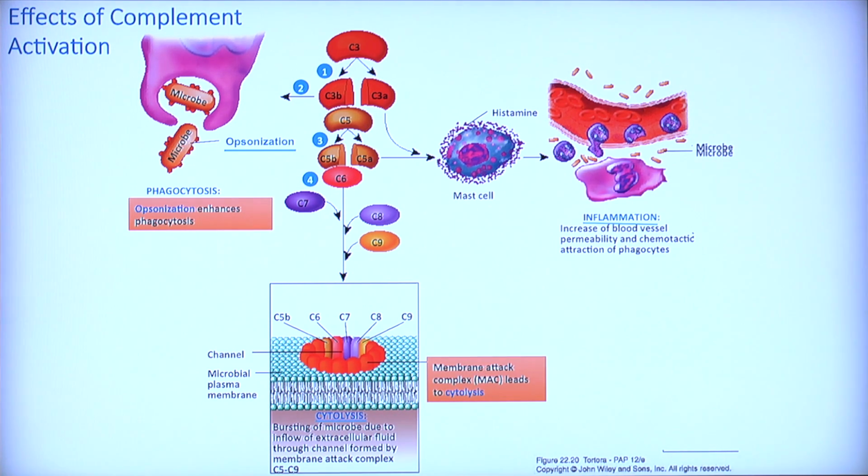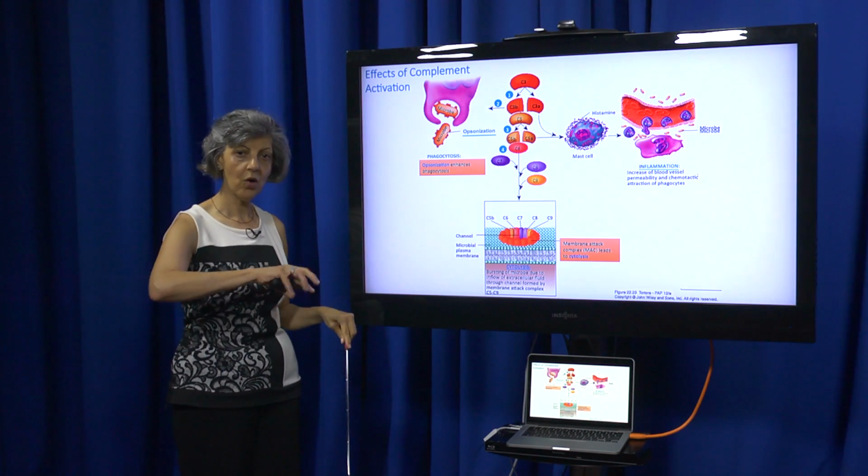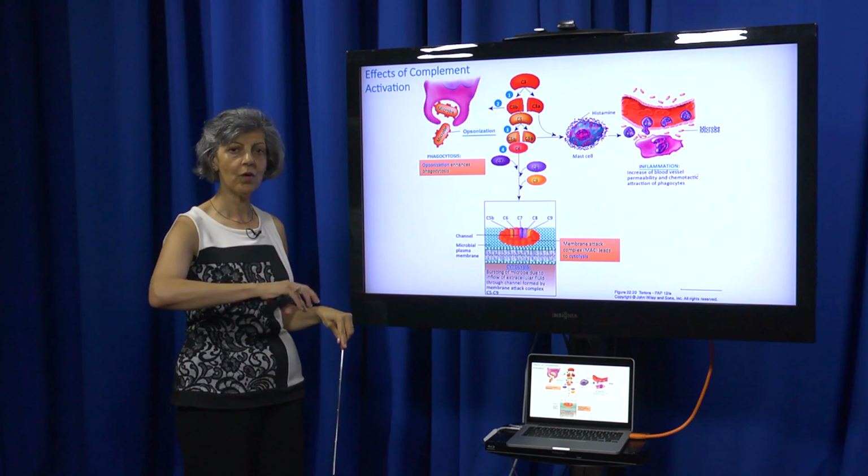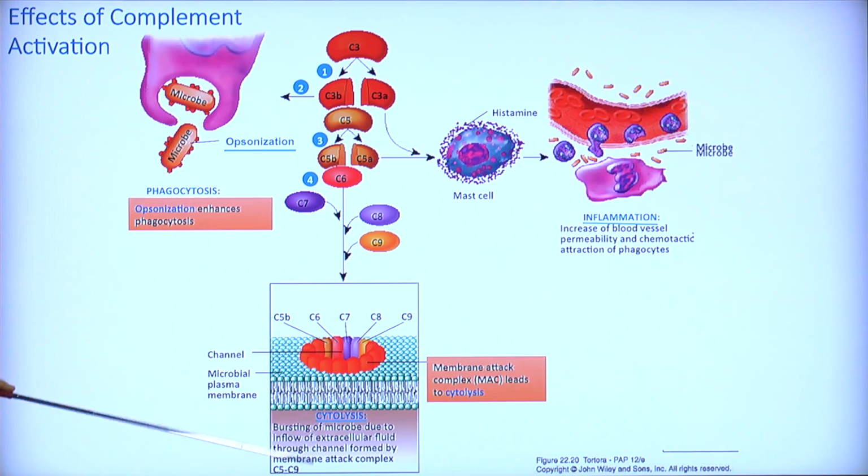And what is this complex going to do? It's going to attach to the surface of this abnormal microbial cell, and they will perforate or make holes in the wall of this cell, and eventually this cell will die and cytolysis will occur.